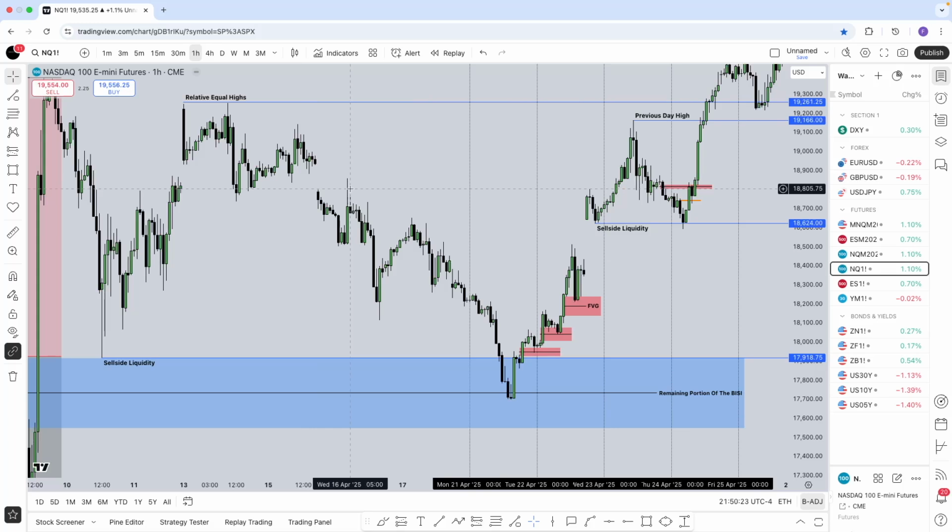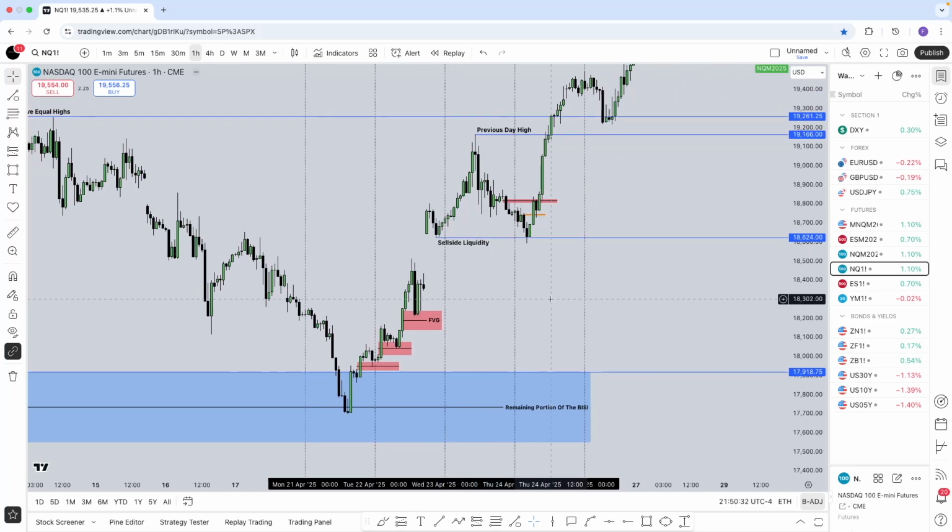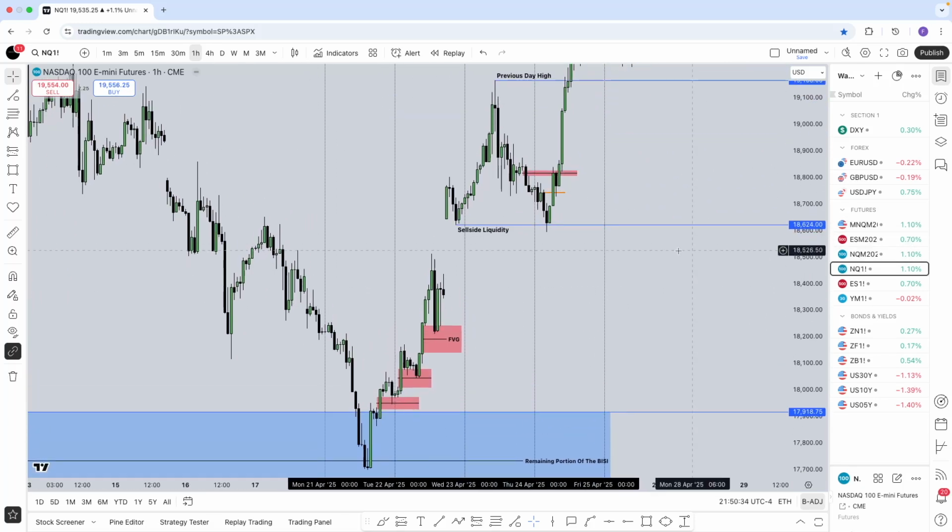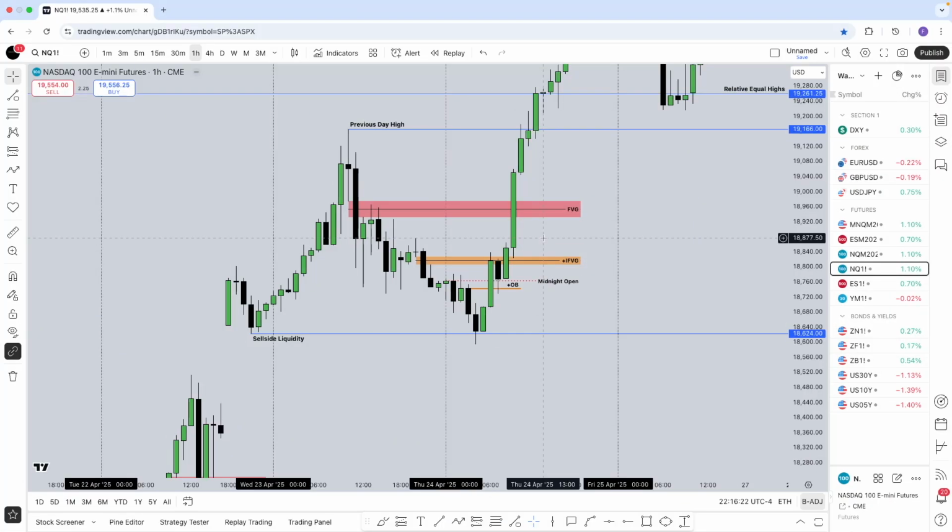So now what's left? What's left is the high and also the relative equal highs that we have here. Now going on to how I took the trade to explain that Thursday trade.